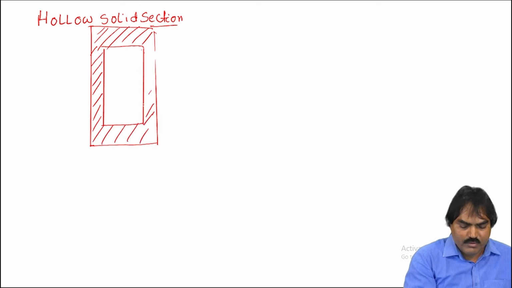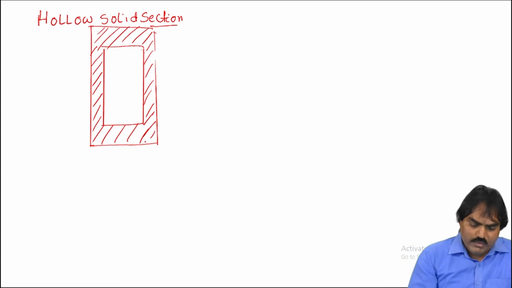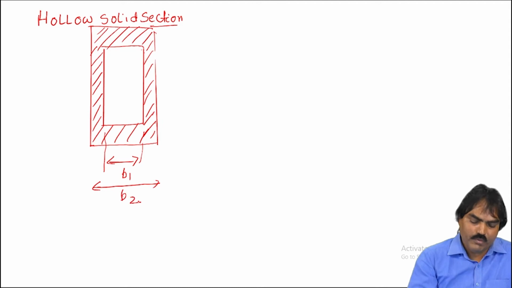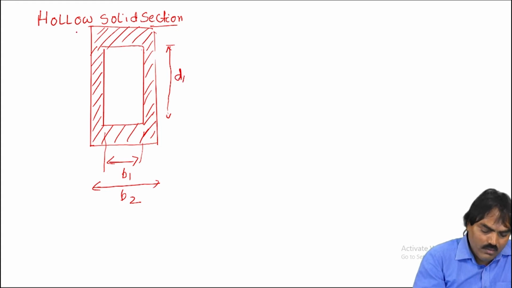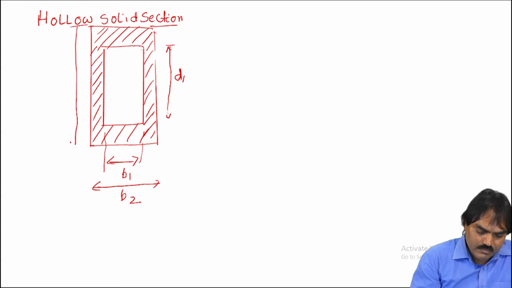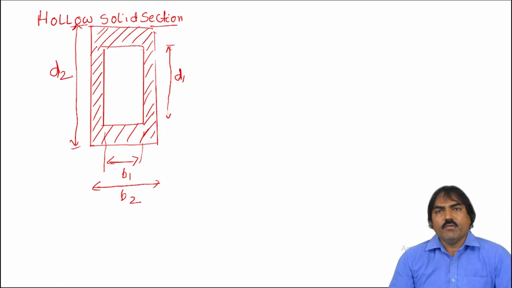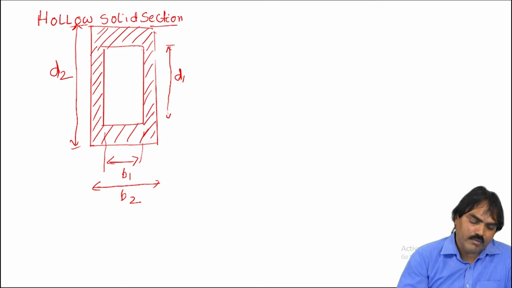The cross section will look like this. So this inside dimension is a small b1. The outside dimension becomes small b2. So the inside depth is small d1. The outside depth is small d2. This is the hollow rectangular section. Anyway, the beam will go lengthwise.